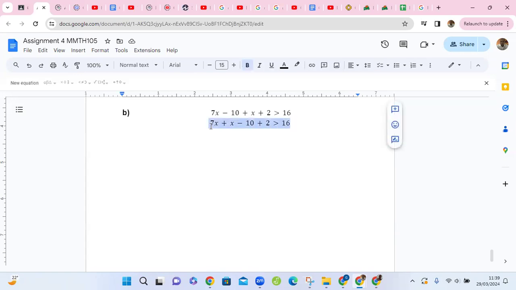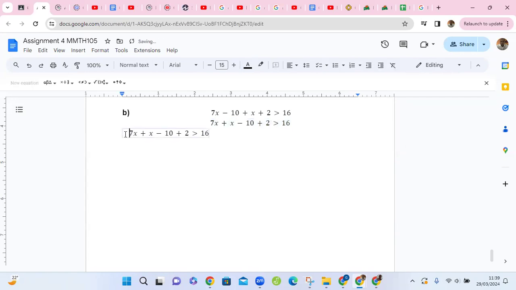All right, so therefore now we're going to simplify this left side. We're going to add 7 to 1. 7 plus 1 will give us 8. So we have 8x.